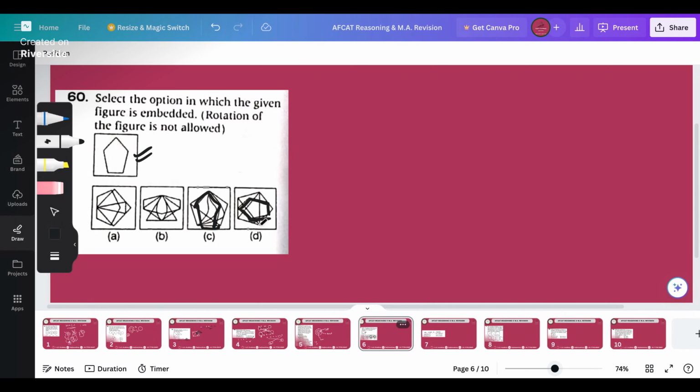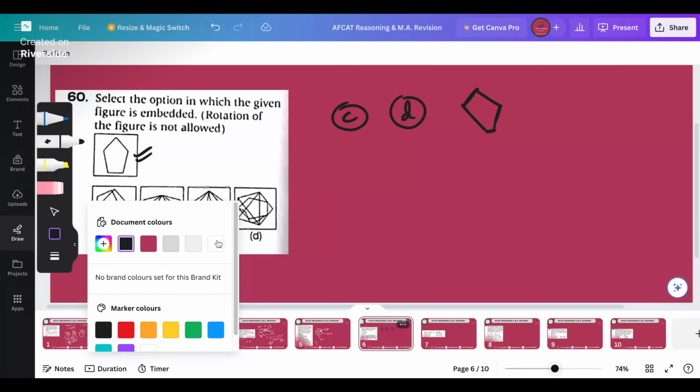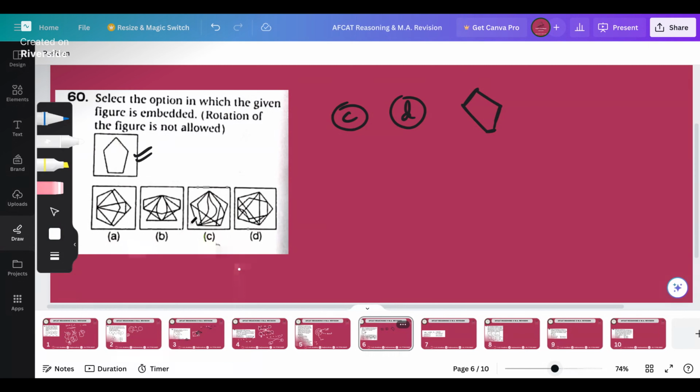Now you will come and argue with me, sir, in C and D, in both the options, we have this kind of element that they have given us in the question figure, right? Again, please pardon my drawing. If you have the same question figure given in your answer options, we will prioritize orientation.